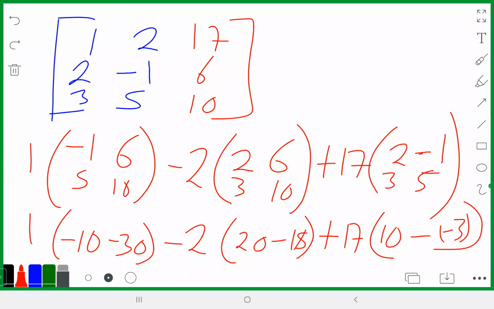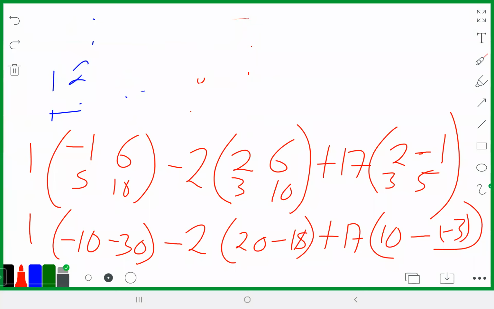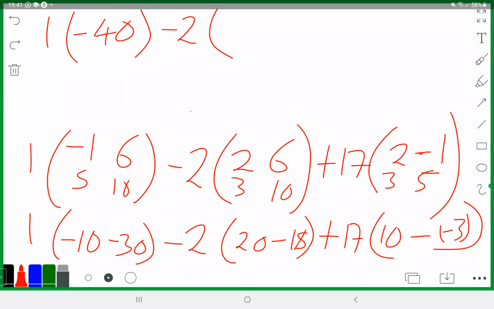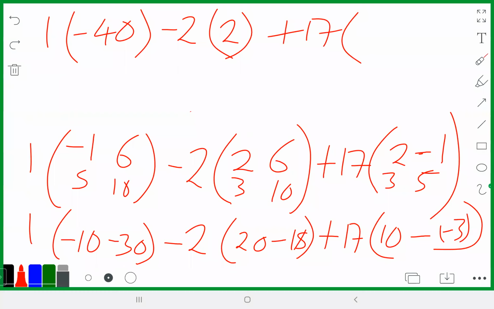Okay. And then from there you proceed and find the determinant of Z, the dz. It shall be equal to 1 times the -10, -30 is -40, right? -2 times the 20 minus 18 is 2, plus 17, 10 minus -3, that will be positive, so it will be 13, like that.